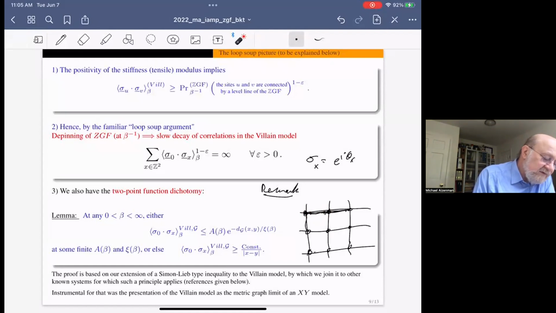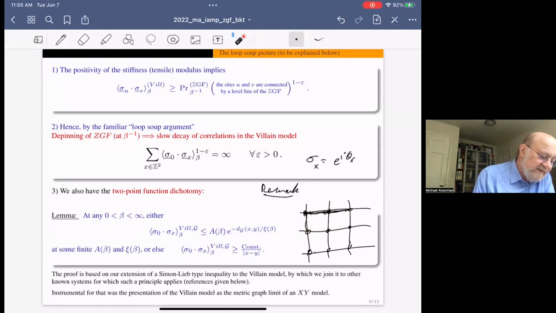This very neatly explains this particular form of the action of the spin model. And in fact, more is true. The Villain model can be thought of as a collection of Brownian motions on circles along the edges, which are constrained to be consistent, to give a consistent spin picture.